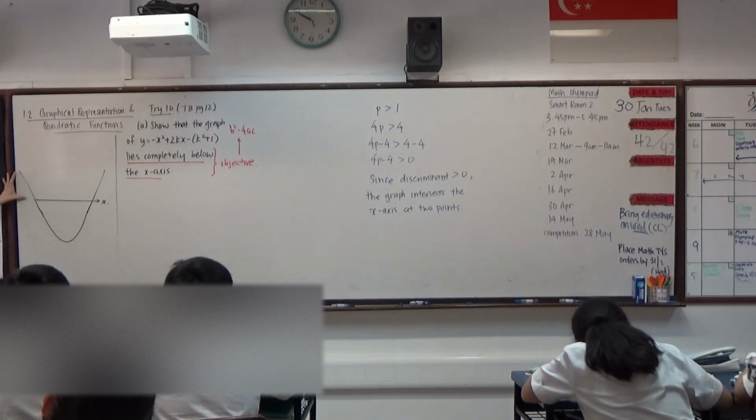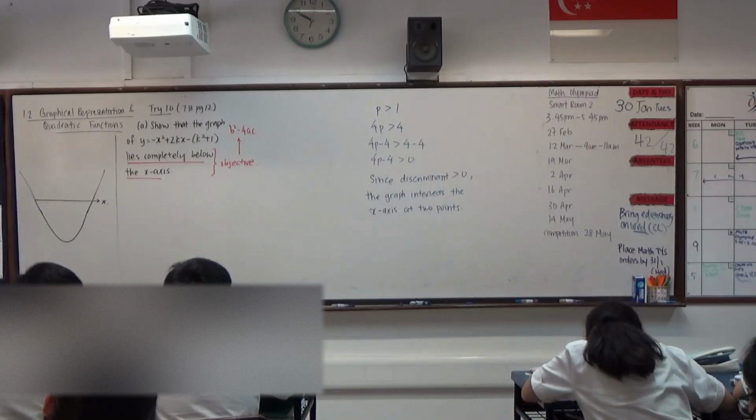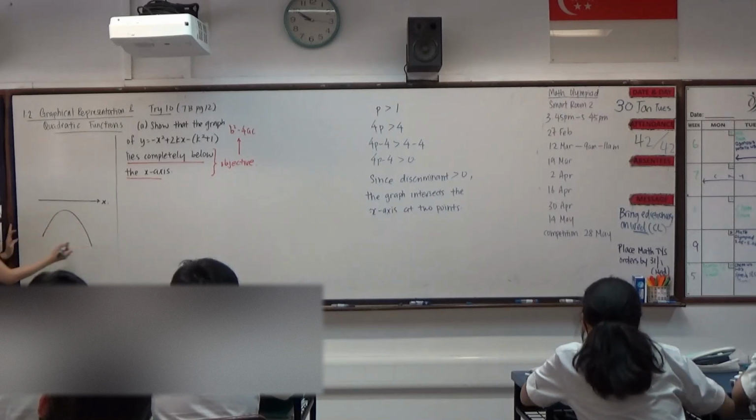So there will be segments of the graph that are not completely below the x-axis. So it cannot be this shape. There is a certain shape that will allow for this to happen, and that is a sad face.